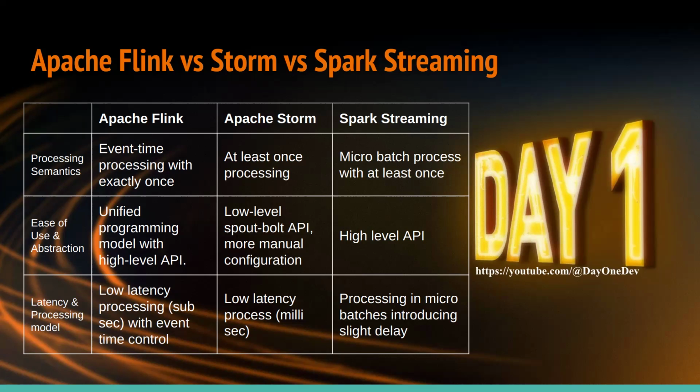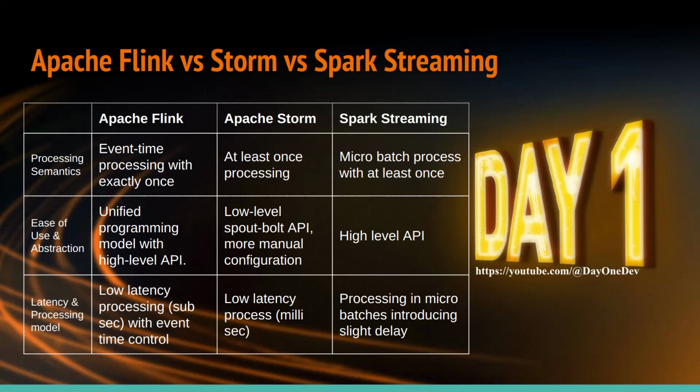The good part of this one is the fine-grained control you have over data processing. And if your team is comfortable using low-level APIs, Storm is the best choice for low-level processing.